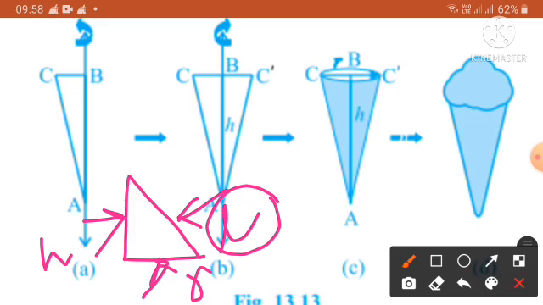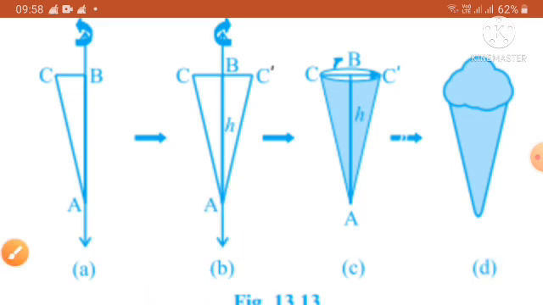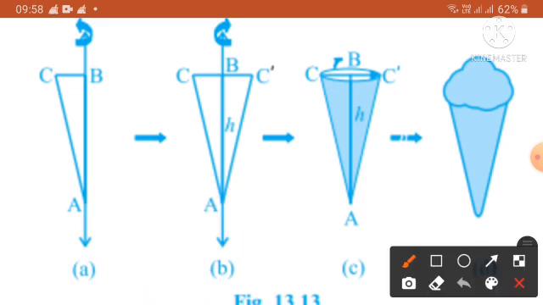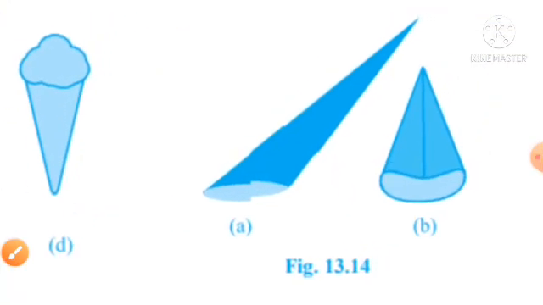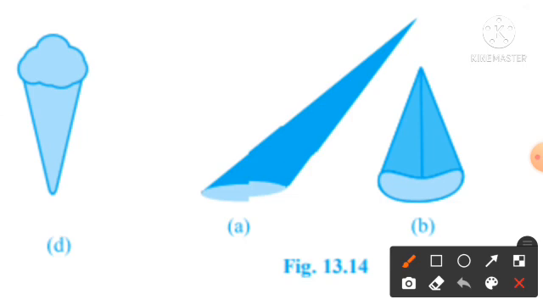Once again let us see what kind of cone we cannot call a right circular cone. Look at this figure, figure number 13.14.